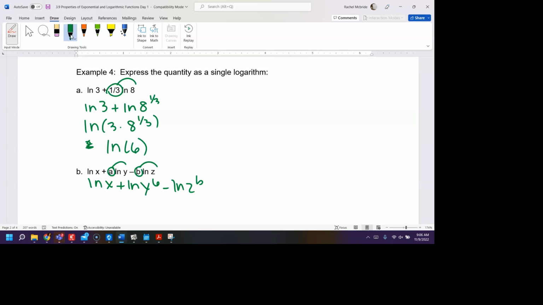And then addition and subtraction to multiplication. So you get ln of x, y, a over z.